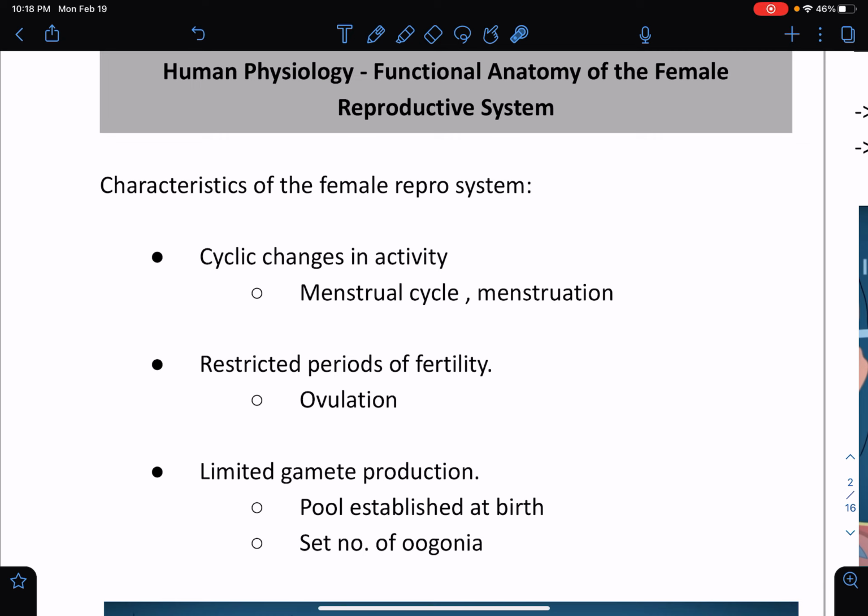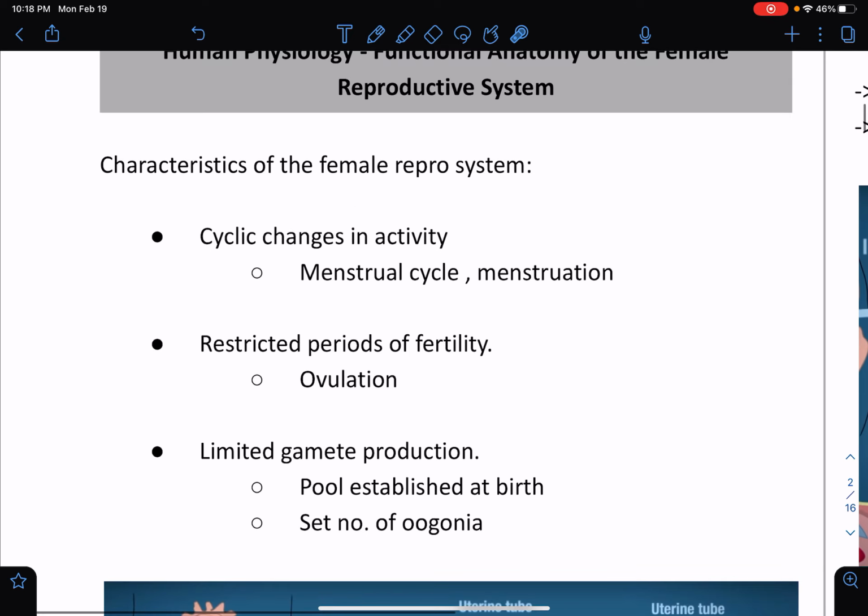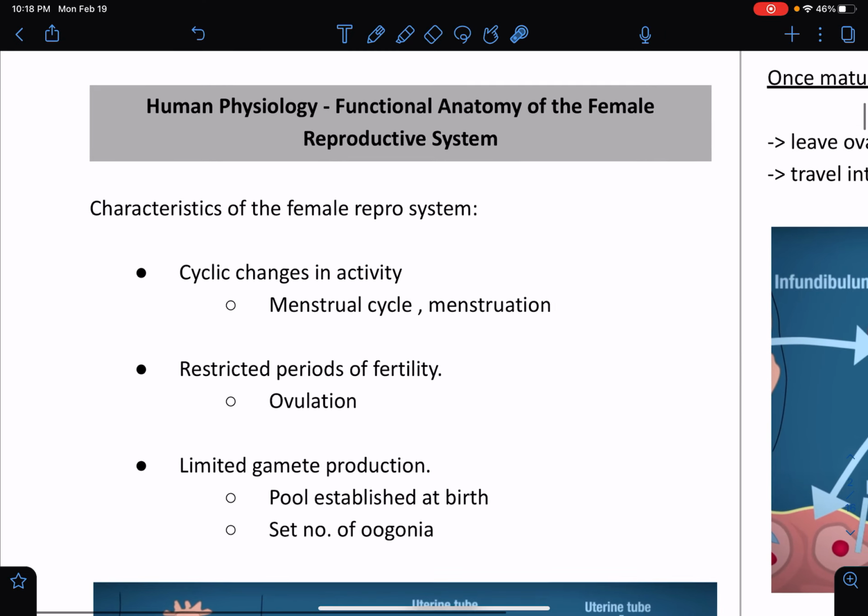So, the pool is established at birth. You only have, as a female, a set number of oogonia that you produce in your lifetime.